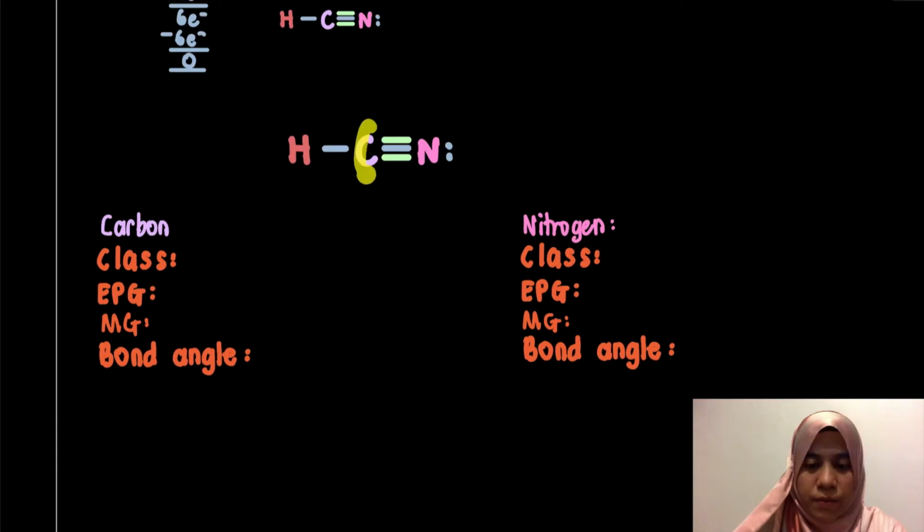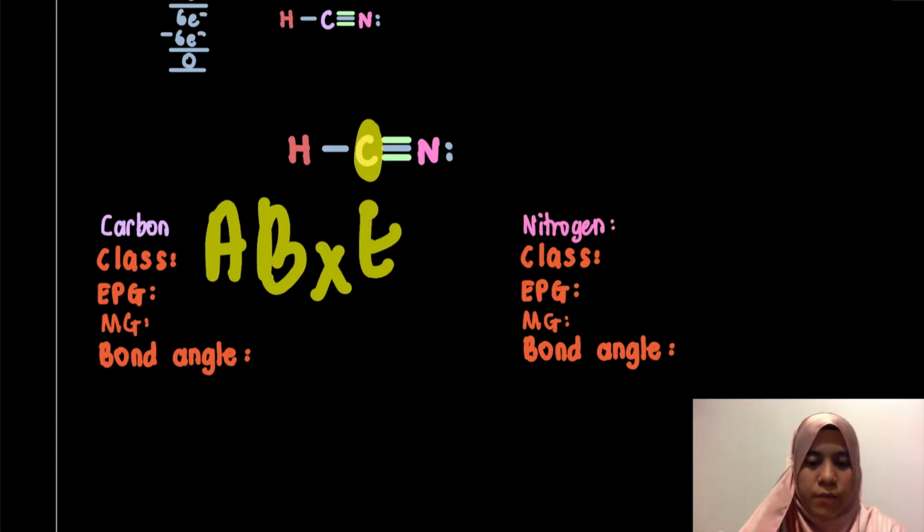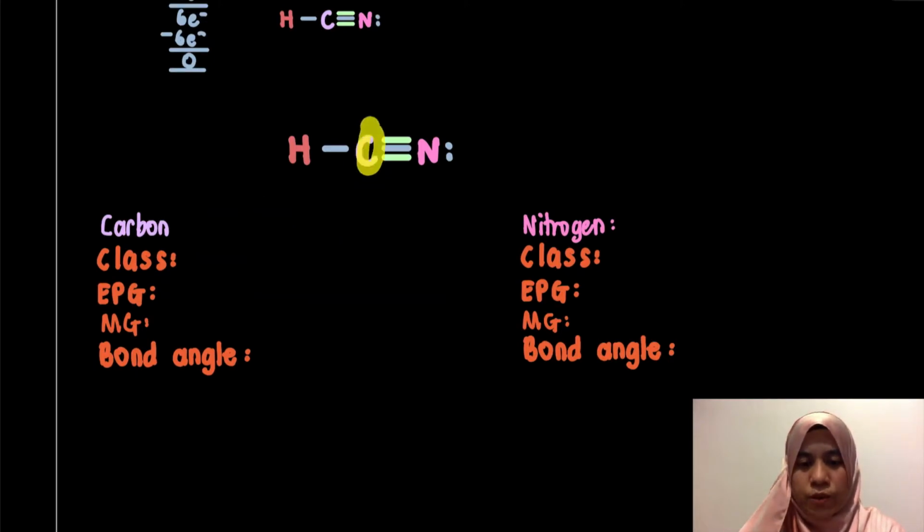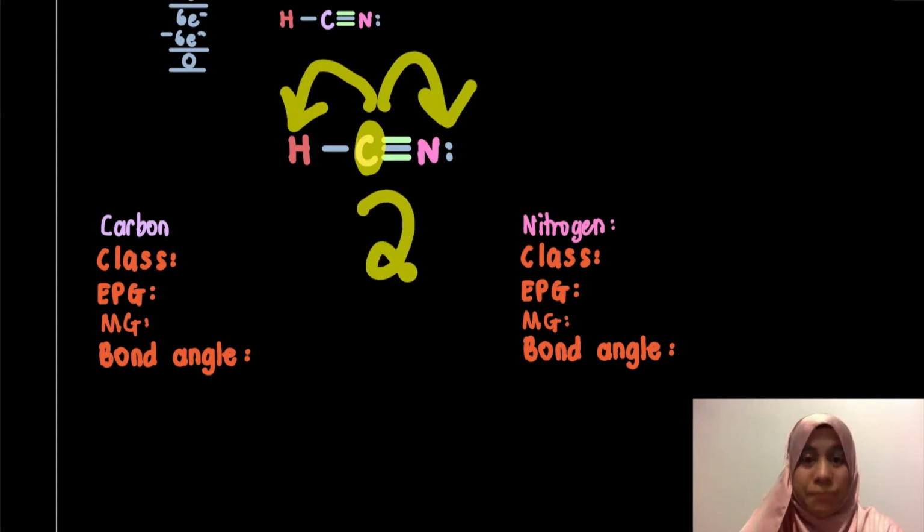Okay, so for the case of my HCN ni, first kita akan tengok pada carbon kita. Remember class tu ABxEy. B stands for bonding pair, E stands for electron pair, ataupun kita punya lone pair. Okay, so for our carbon ni, it's bonded to how many atom? It's bonded to 1 hydrogen and 1 nitrogen. So, dia bonded to 2 atom lah. So, what is the bonding pair? Bonding pair dia 2.